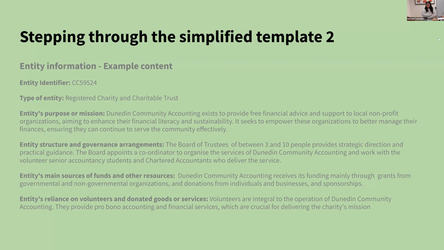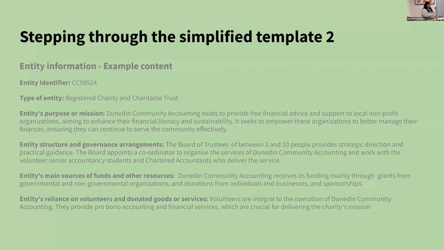And then in terms of the governance, the board of trustees of between 3 and 10 people provide strategic direction and practical guidance, and the board appoints a coordinator to organize the services of DCA and work with volunteer senior accountancy students and chartered accountants to deliver the service.